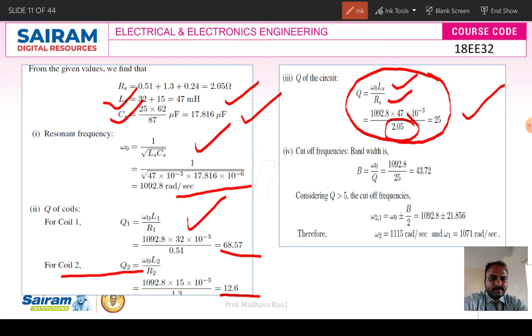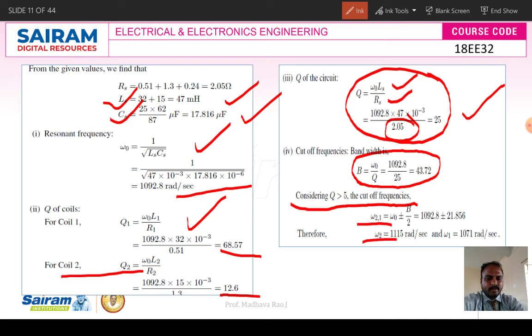For the cutoff frequencies, bandwidth B is equal to omega naught by Q. So omega naught is 1092.8 divided by 25, which is 43.72. So bandwidth is 43.72. Considering Q greater than 5, omega 1 and omega 2 are equal to omega naught plus or minus B by 2.